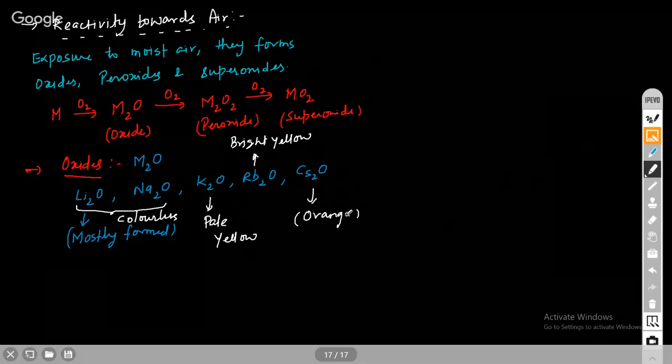These colors you have to again memorize. And the most important thing you have to memorize here is that all these oxides are ionic in nature.